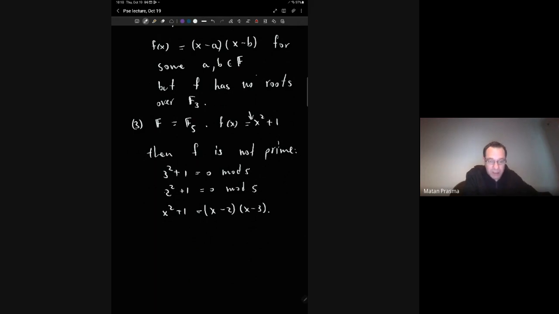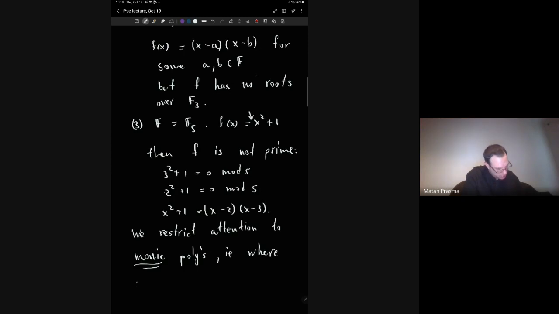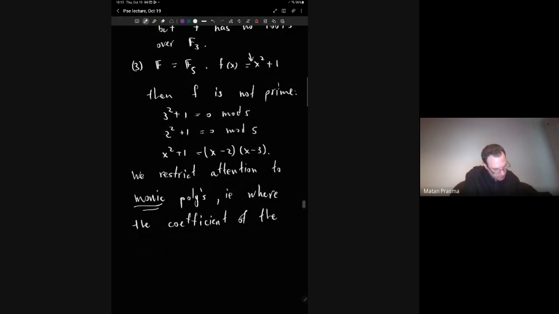So what we do is we restrict attention to monic polynomials, i.e., where the coefficient of the leading monomial is 1.